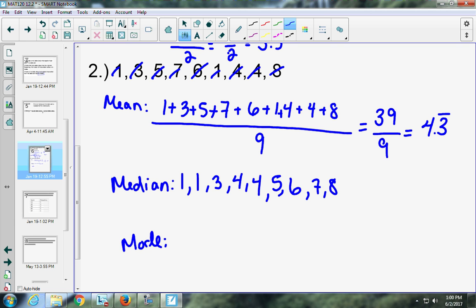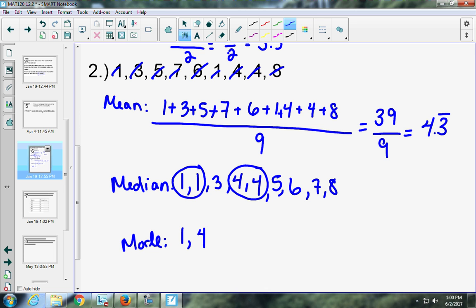Before I start crossing everything out, I'm going to look for the mode this time. And if you notice, 1 happens twice, 4 happens twice. So both of those numbers occur the most amount of times. In this set of data then, we have 2 modes, 1 and 4.